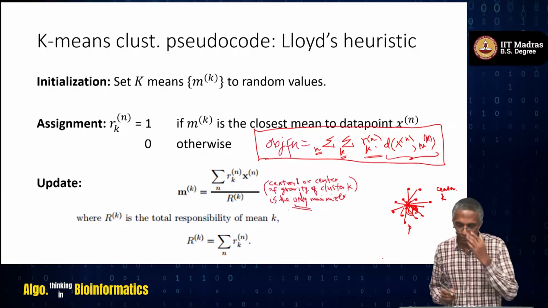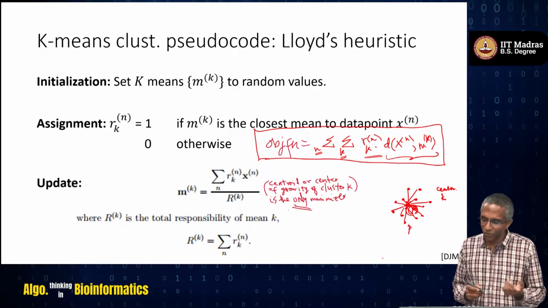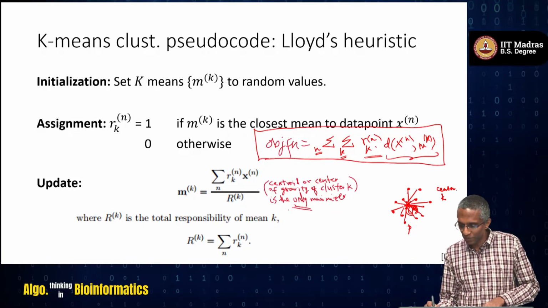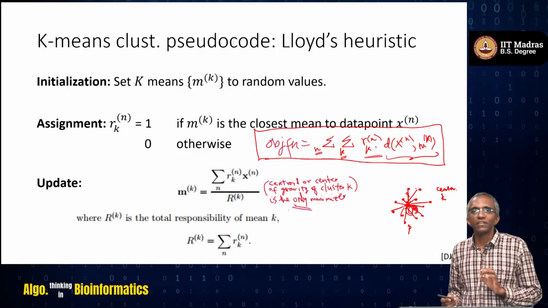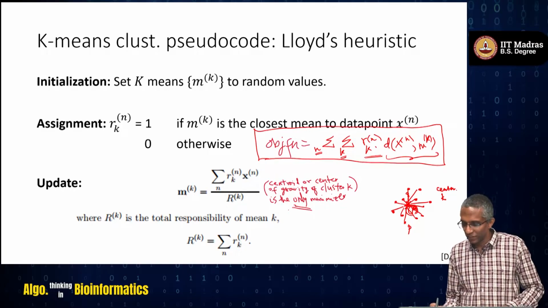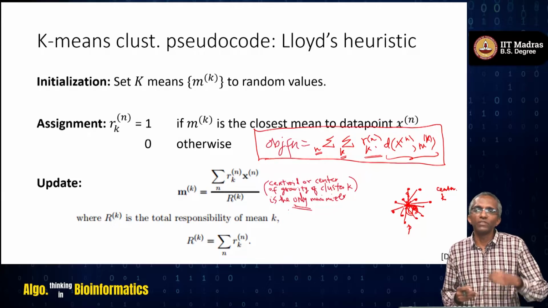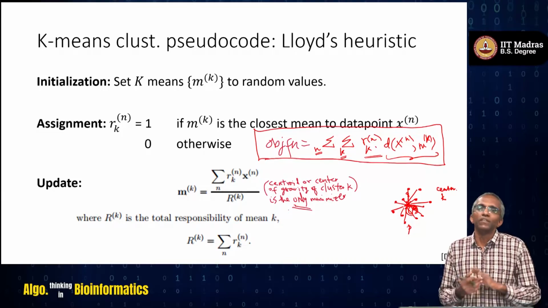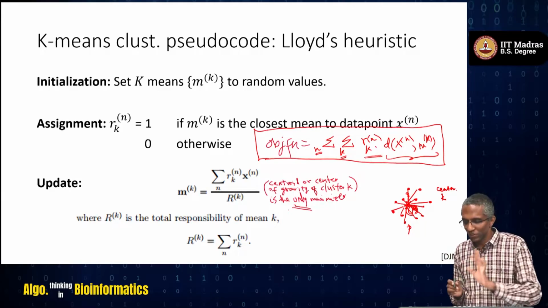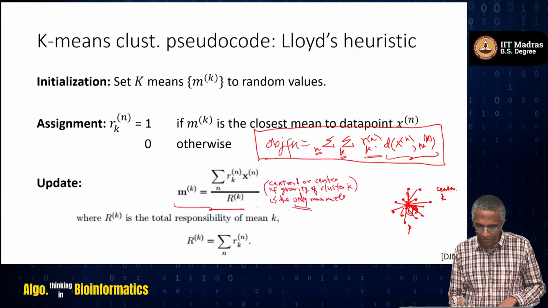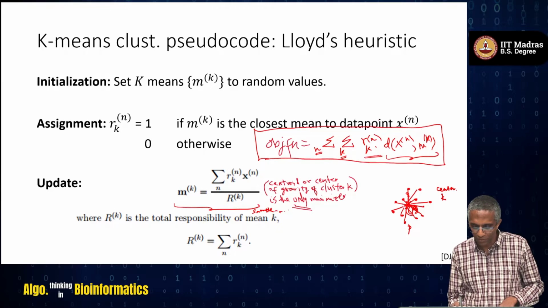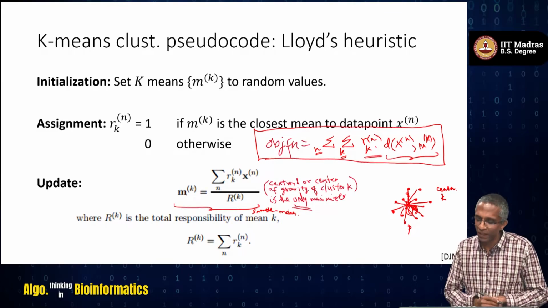You can think about it physically or intuitively as each of these data points being connected through some elastic spring to this particular point p, and then you just let it settle in the minimum energy configuration, and it will go to the center of gravity. That center of gravity is given by this sample mean formula, essentially the sample mean of all the points assigned to cluster k.